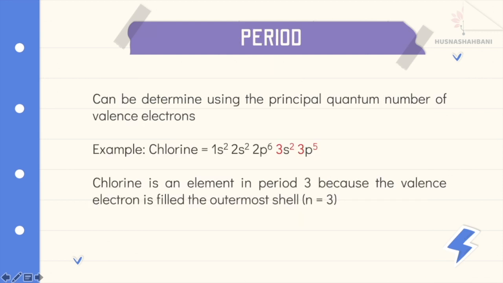Period can be determined by using the principal quantum number of valence electrons. Example, chlorine, electronic configuration 1s2, 2s2, 2p6, 3s2, 3p5. So the valence electrons at n equal to 3, in orbitals s and p. For s, 2 electrons, for p, 5 electrons.